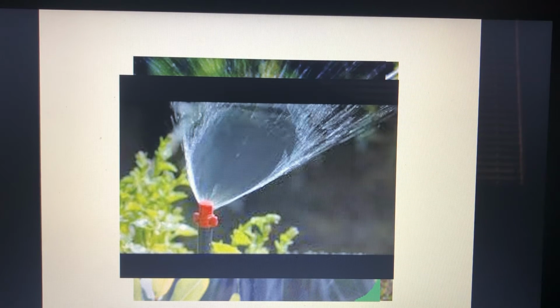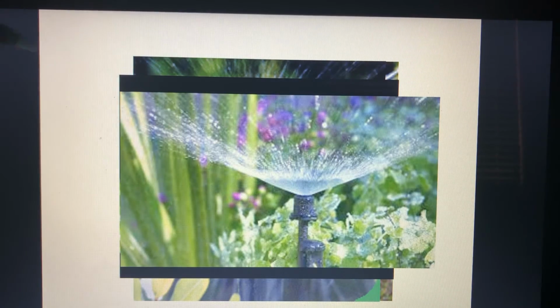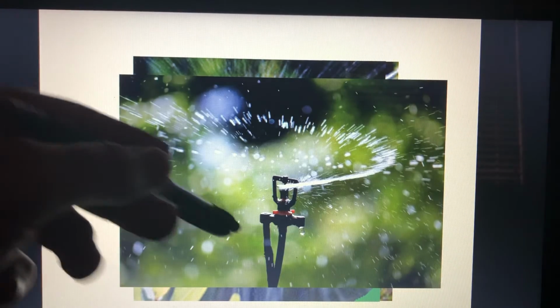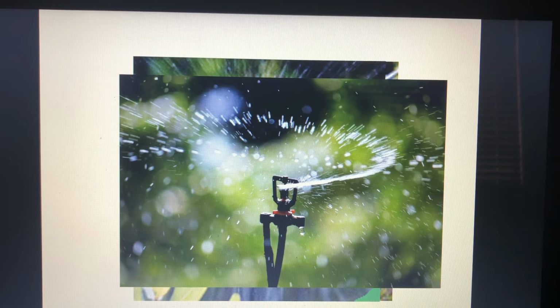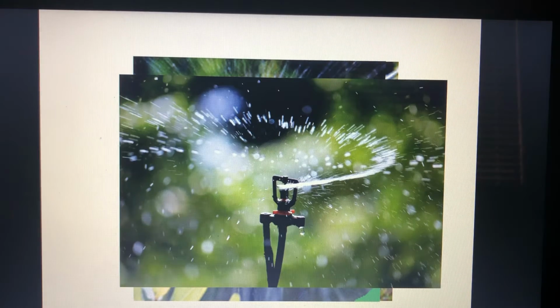Whereas if you look at something like this, this is a static micro sprayer, and it usually has different colors, and those different colors usually have different meanings. Those colors will maybe be for droplet size, or the angle at which it will wet a given area.